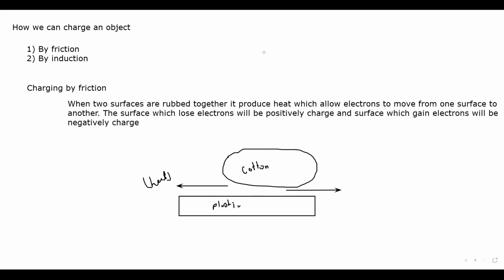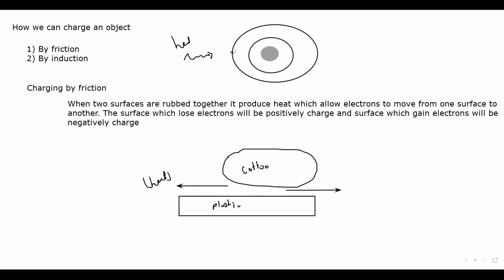So an atom basically contains neutrons, protons and electrons. When heat energy is absorbed by the atom and the particles inside the atom, which are electrons, the material in which electrons are loosely bonded, or have weak attraction towards the nucleus, will lose electrons. For example, when we rub cotton with plastic, the plastic has weakly bonded electrons, so when we rub them together, the electrons jump.